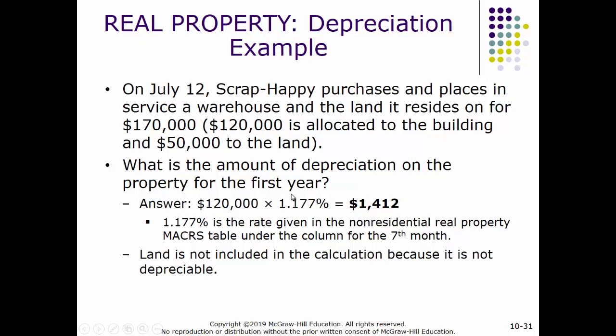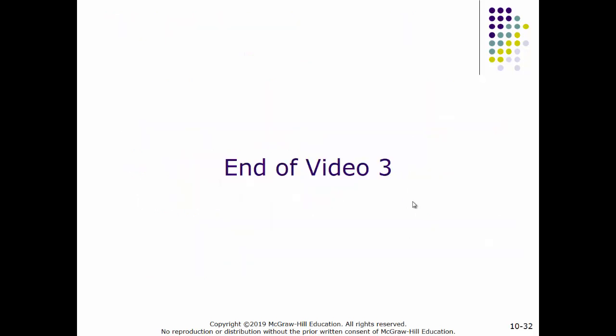And it was placed in service in the 7th month, so we're going to look in the 7-month column, and it's just a little over 1%. So look at this. An asset that costs $120,000 can only be depreciated $1,412 in the first year. It's going to take a long time to depreciate that, and we can see that because the lives are so long. That's the end of 3.